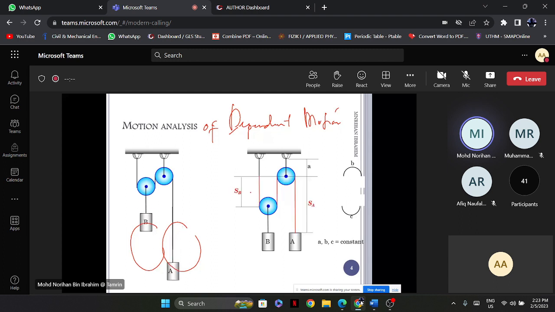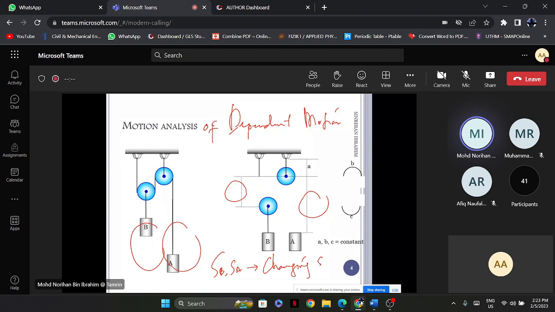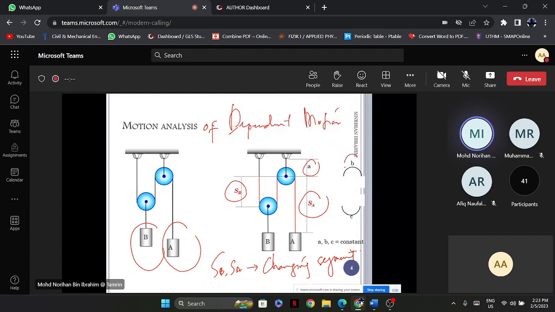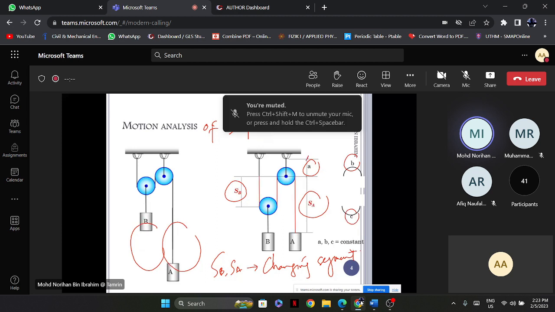So for this dependent motion analysis, we need to identify two segments, the red ones, which are SB and SA. We call them changing segments. And A, B, and C: A is the length from this point to this point.